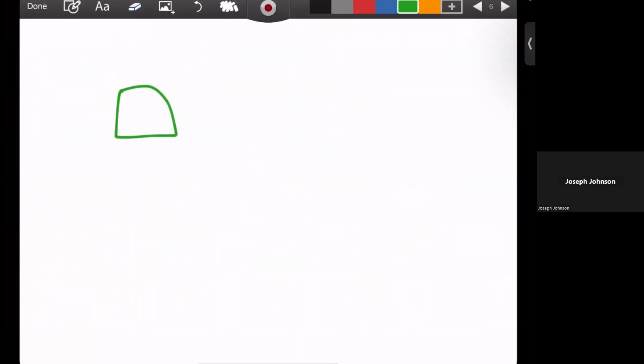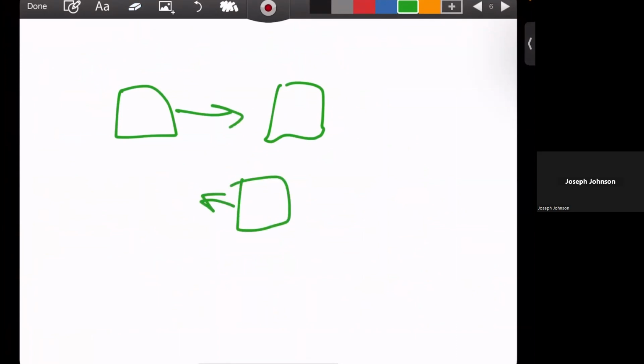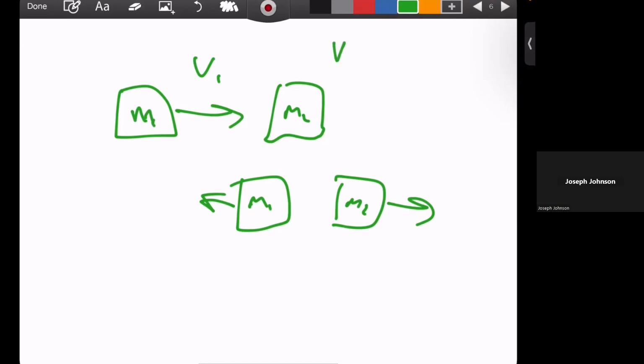So I got object 1 and object 2, and object 1 comes in and bumps it. Let's say they hit and they bounce off of each other like that. This has M1, this is M2, this is still M1, this is still M2, this is V1 initial, V2 initial equals 0, V1 final, V2 final.